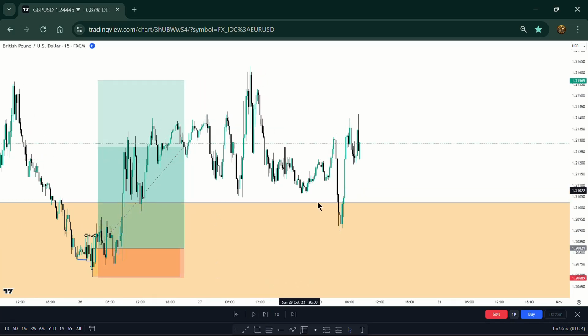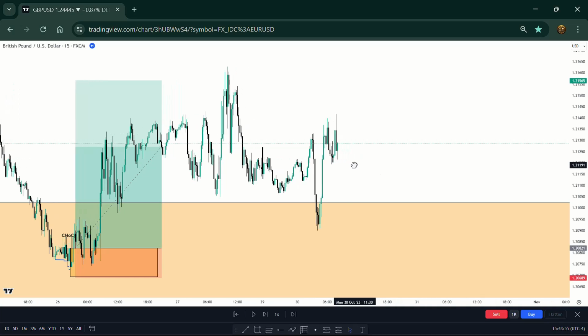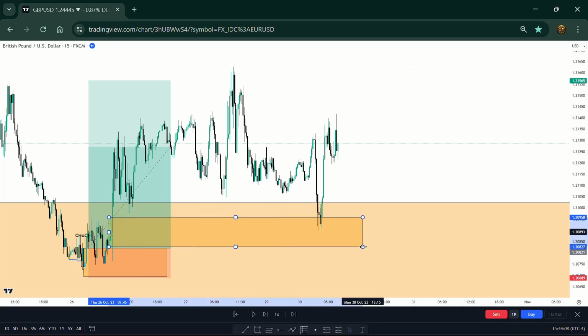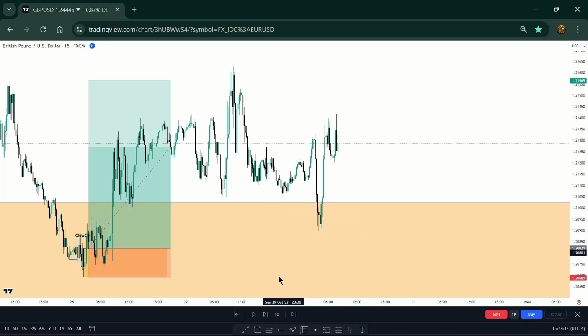Looks like the market came down again. Let me remove this. Here it looks like there was some other block here. But here you've already entered, so I'm not looking for a new setup here.